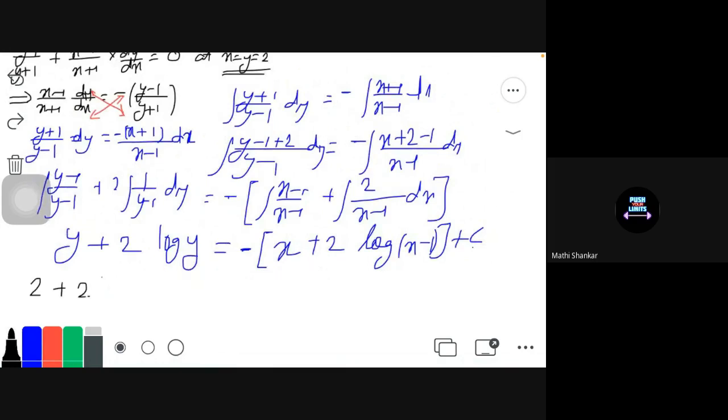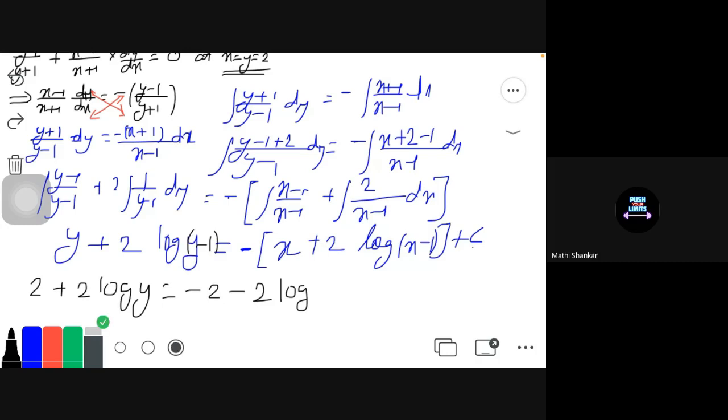So 2 plus 2 log of y is equals to minus, I'll multiply inside, so minus 2 minus 2 log of, oh I made a mistake over here, this is y minus 1.